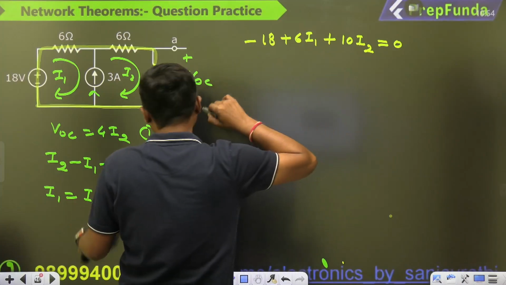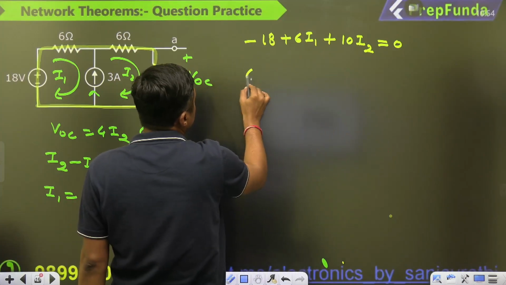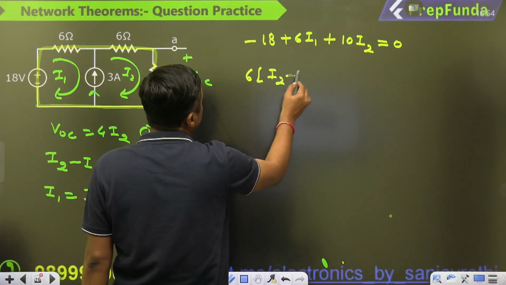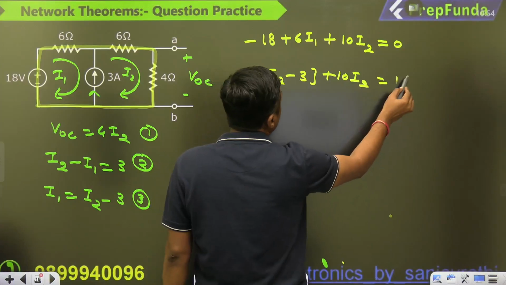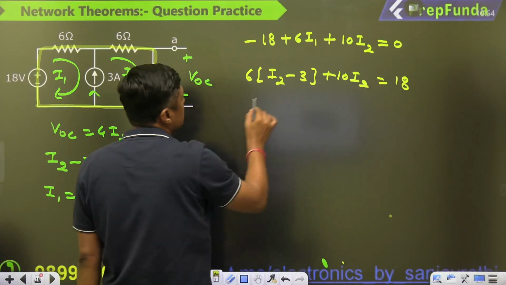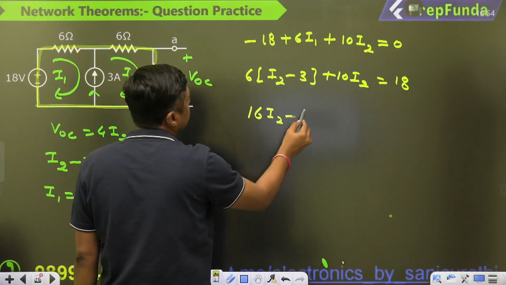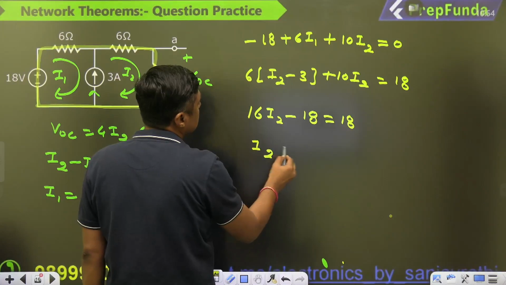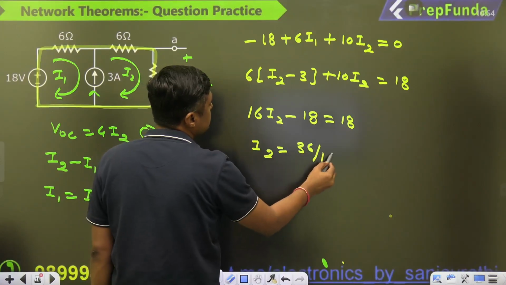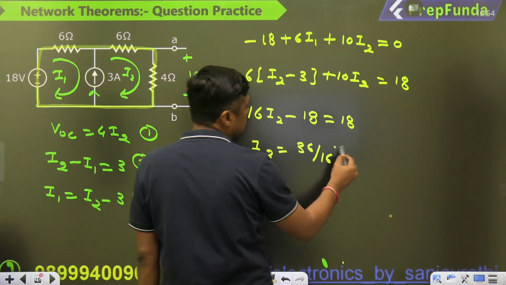What is the I1? I2 minus 3. So it will become 6 times of I2 minus 3 plus 10 I2 is equal to 18, and that's why 6 plus 10, 16 times of I2 minus 18 is equal to 18. I2 will become 36 by 16, that is nothing but 9 by 4 ampere.